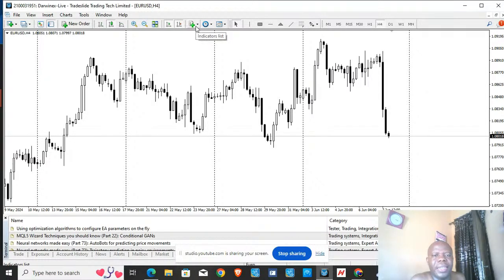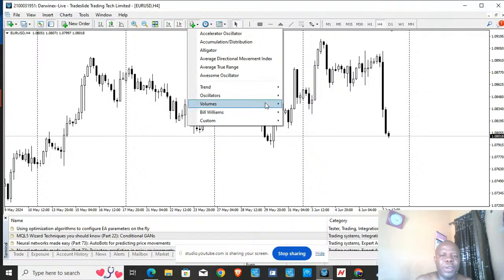What again? Indicator list. This is where you get your indicators. But I don't like over-trading indicators. I use only the volume indicator.